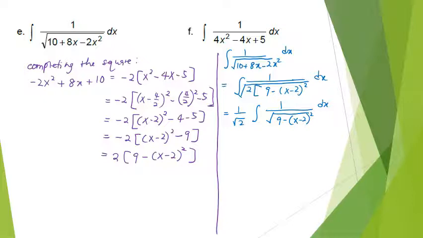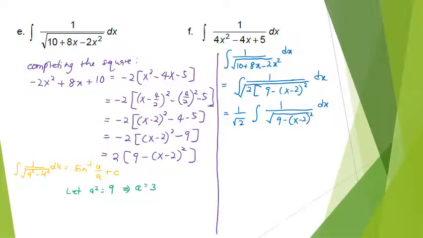Okay, buat kat sebelah ni. So bila kita ada integrate 1 over square root a square minus u square du is equal to sine inverse u over a plus c. Okay, so kena let lah. So let a square equal to 9, so that our a is equal to 3.